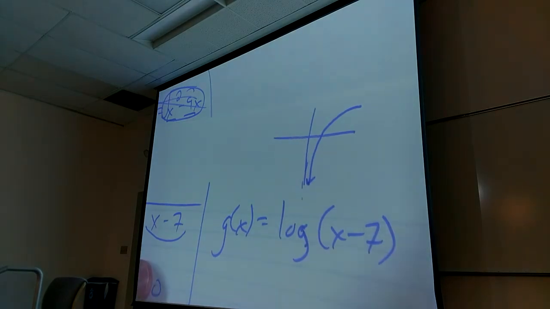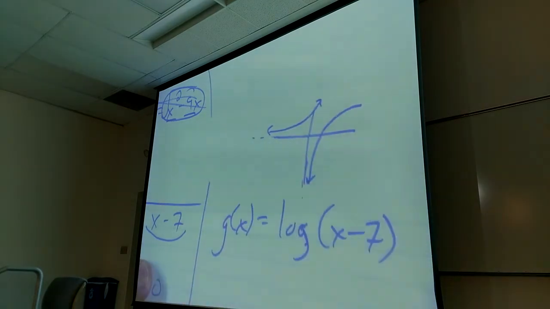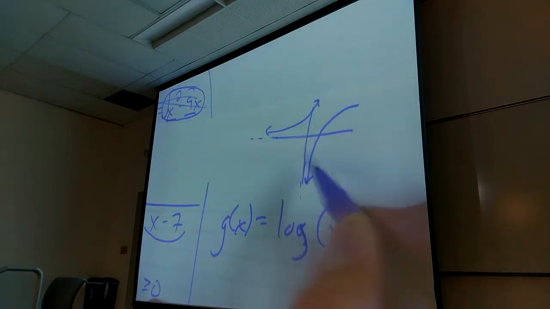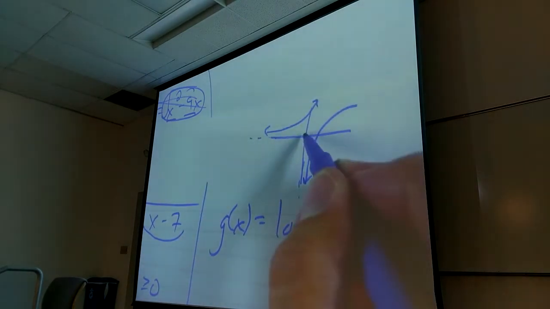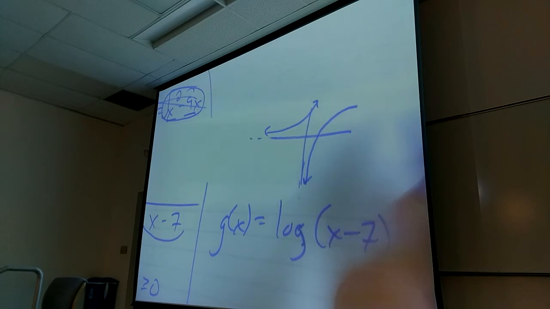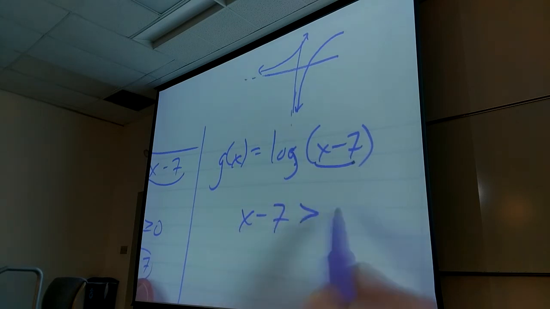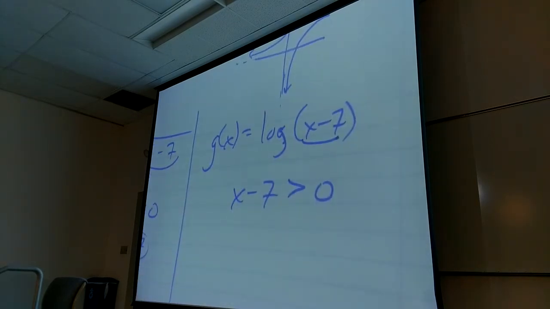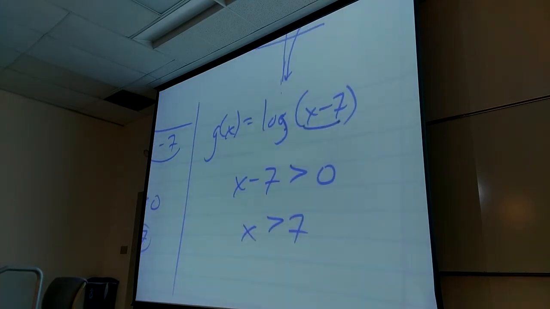Why does that make sense? Because log is the inverse of a function that never gets to 0 on the x-axis, so the inverse never gets to 0 on the y-axis. So x equals 0 cannot be used. I cannot have a 0 or a negative inside, which means the inside has to be strictly greater than 0. So then x must be greater than 7.